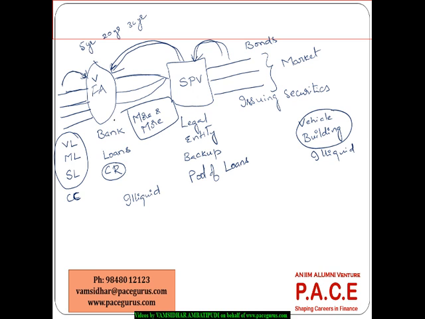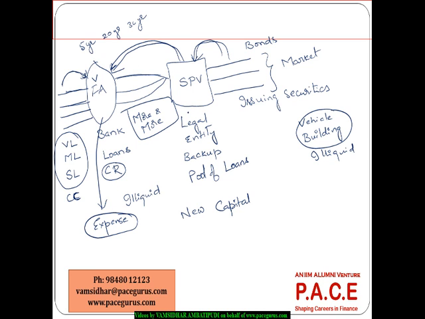On the second case, the cost: if this bank wants new capital and wants to raise it from the market, it would be pretty expensive because it's a fresh debt kind of thing that is being raised.